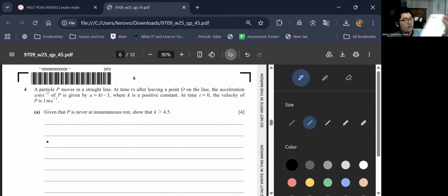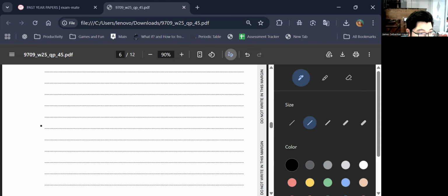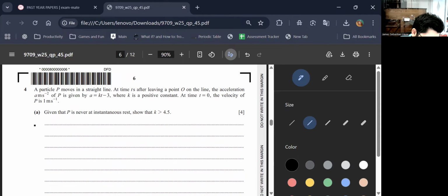Okay, given, right. So P moves in a straight line. This is the expression for A, right?